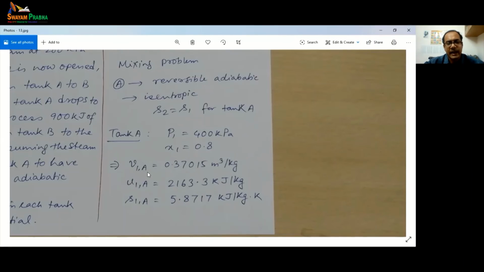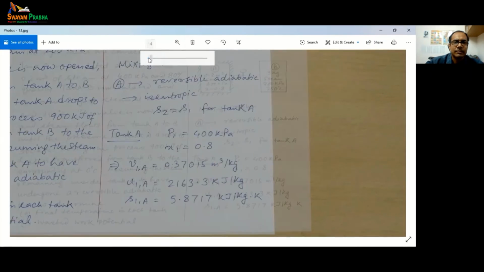So v1A, that means specific volume at initial state 1 in tank A, you can find out. Similarly, you can find the specific internal energy and specific entropy in the initial state in tank A. So all these things now we know.